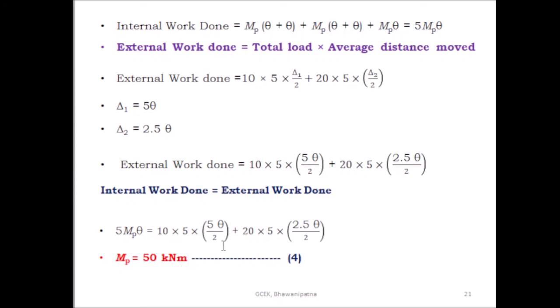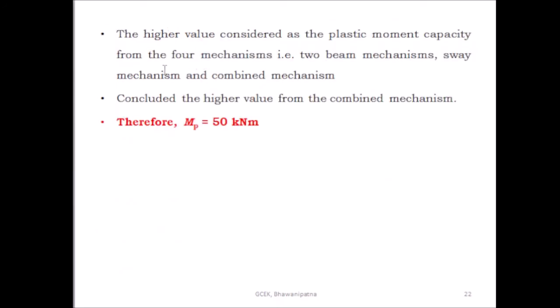So here you got the plastic moment from the 4 mechanisms: 2 beam mechanisms, 1 sway mechanism and 1 combined mechanism. Out of these 4 mechanisms, you have to select the plastic moment capacity of the frame, which is the higher value. The higher value is considered as the plastic moment capacity.